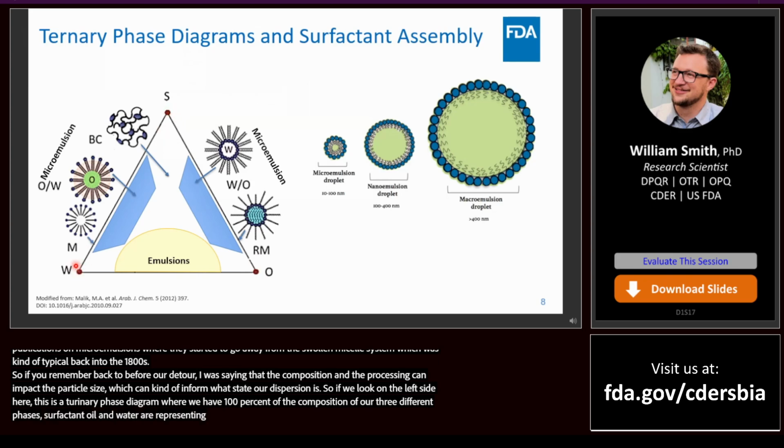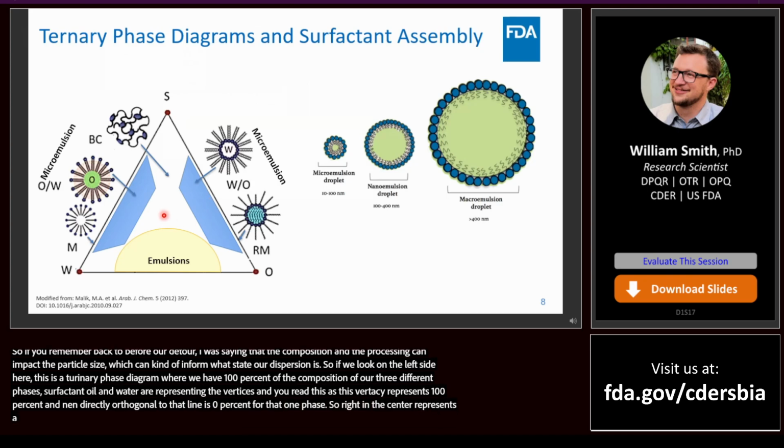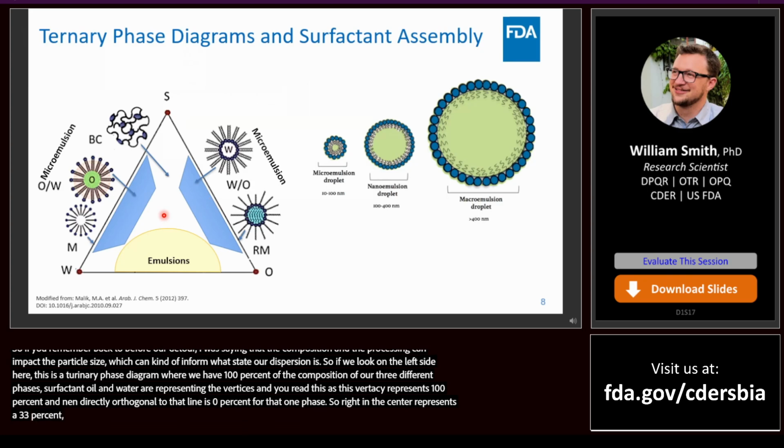And you read this basically as this vertex represents 100%, and then directly orthogonal to that line is 0% for that one phase. And so right in the center represents a 33%, 33% mixture of these things.